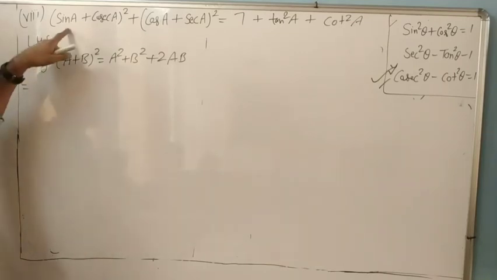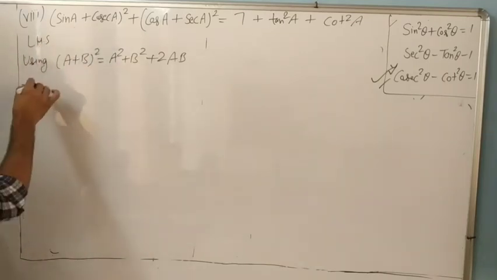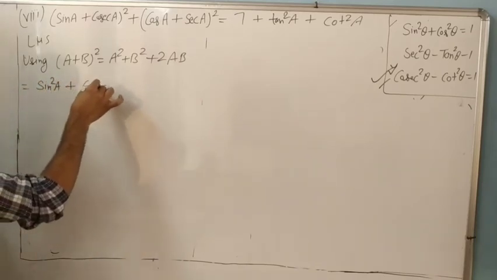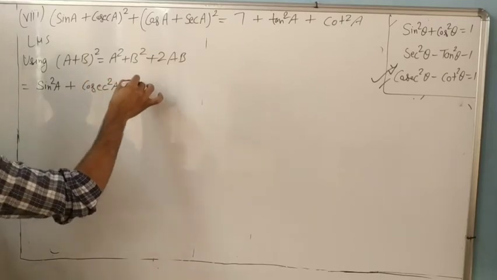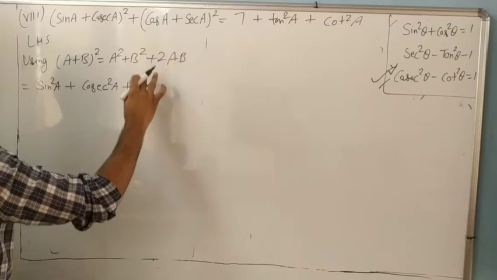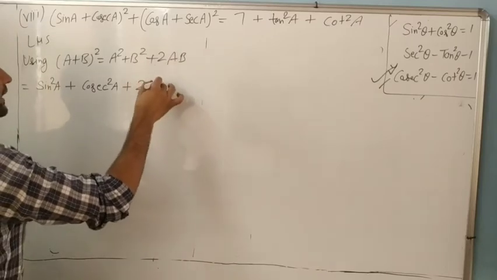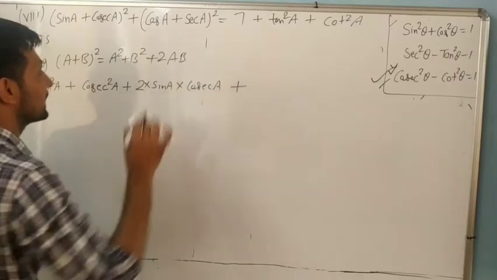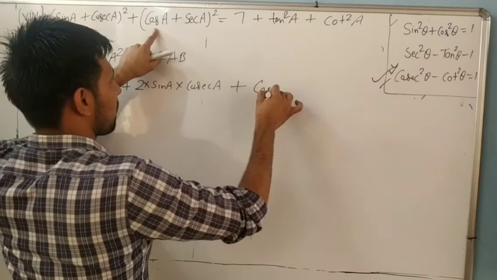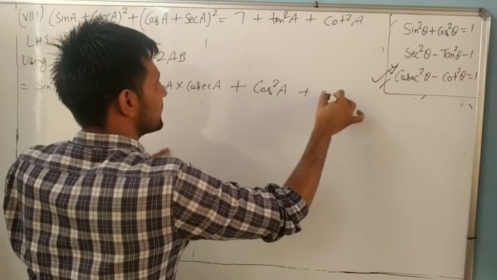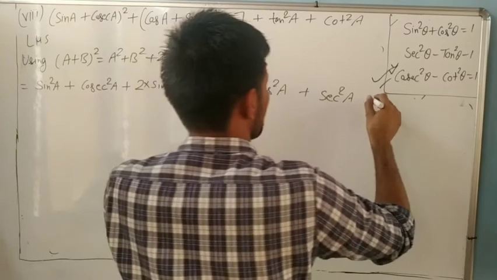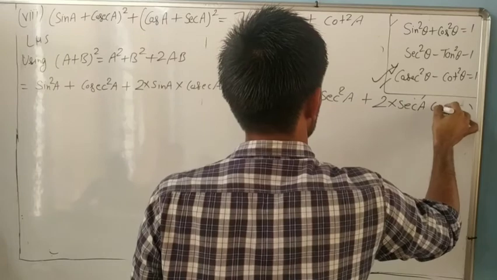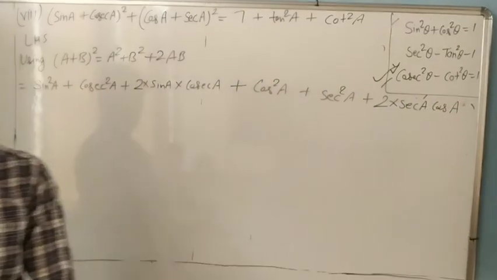A is sine, so A square is sine square A, plus B square, cosecant square A, plus 2 into A into B. A is sine A into cosecant A, plus cos square A plus secant square A plus how much? 2 into secant A into cos A. Understand here?